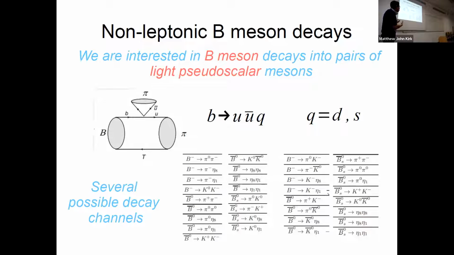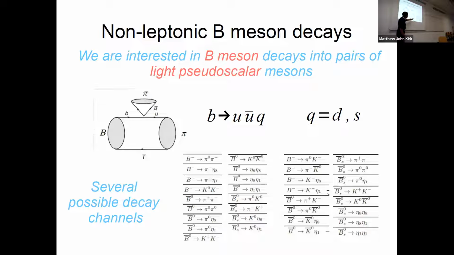You can draw diagrams associated to these transitions. So I am showing you here all the possible transitions that you can have. The underlying quark level transition for the bottom quark is the one shown here.